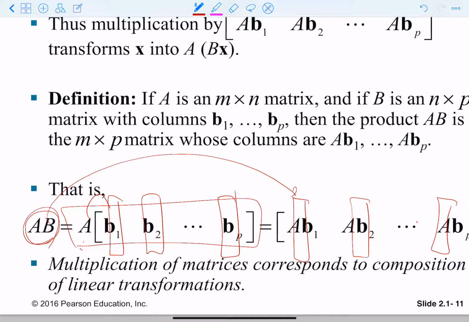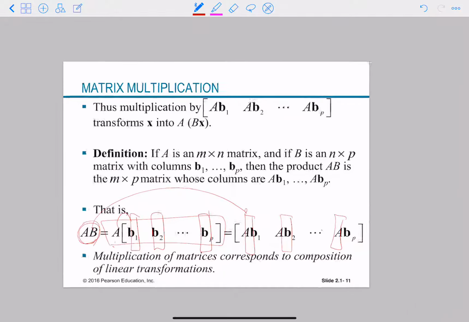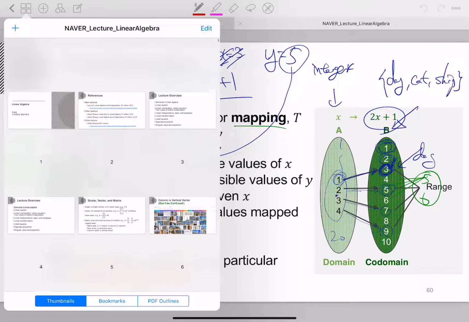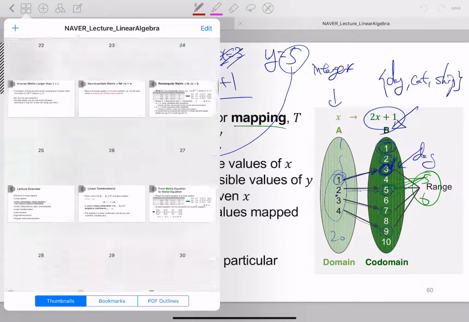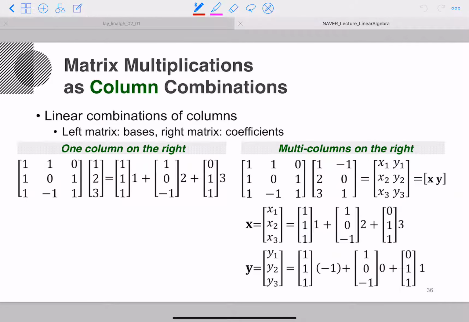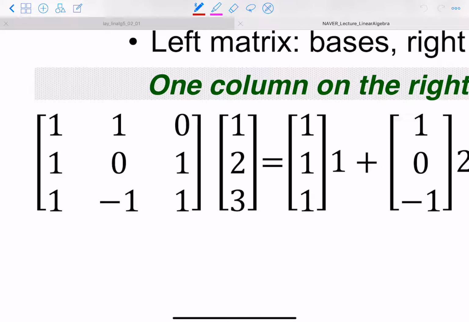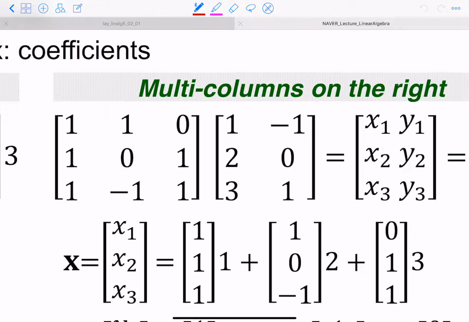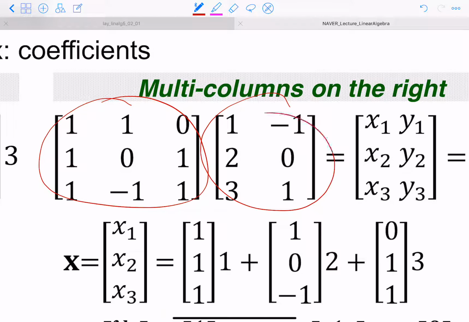Right, and then also we can understand this relationship from the column combination perspective of matrix multiplication that we studied. If you remember this example, the matrix vector multiplication can be viewed as a column combination, but what if we have a matrix and matrix as well?